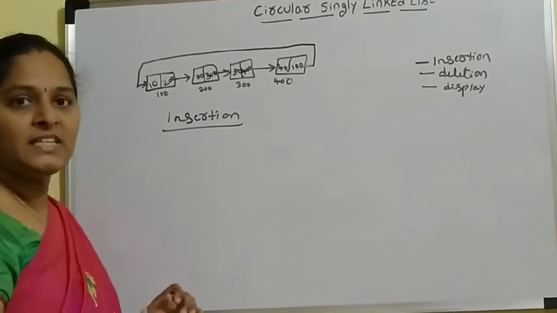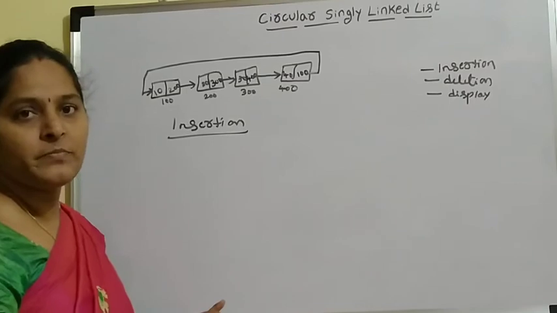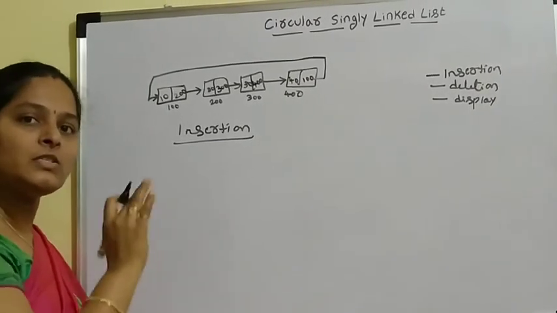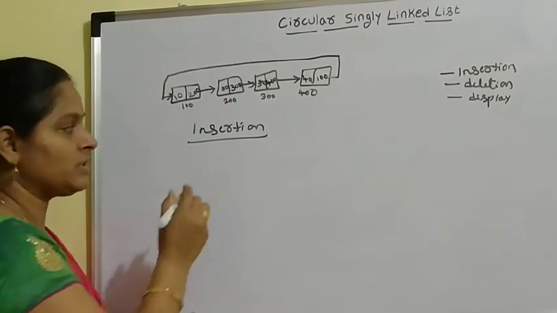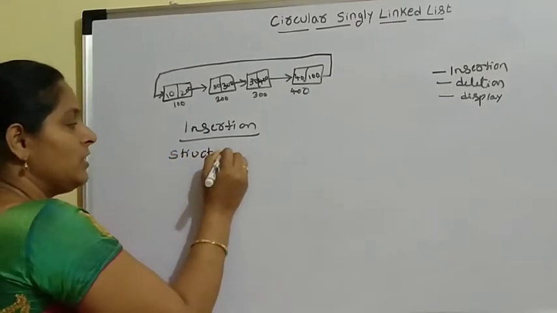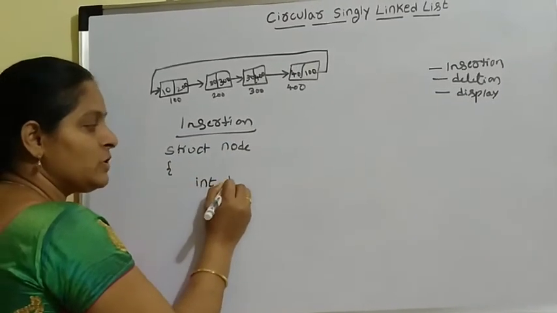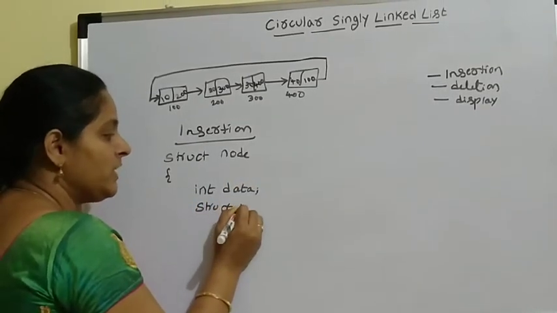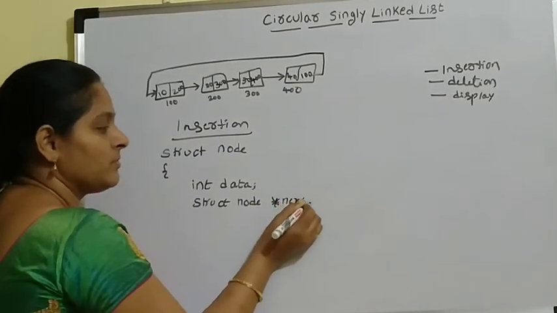Before seeing the insertion operation, just see the node structure of circular single linked list. Here the node structure is just similar to single linked list only. Here also each node contains only 2 partitions. See the node structure: struct node. The first part we will use for storing the data and the second part we will use for storing the address of the next node.